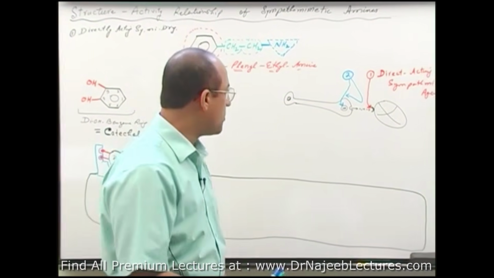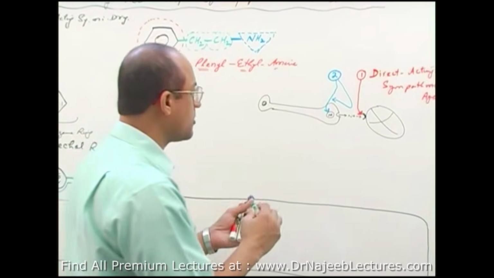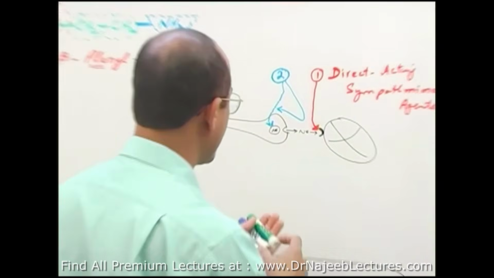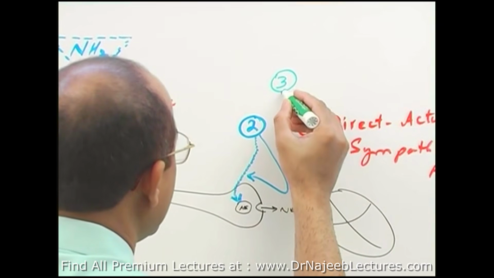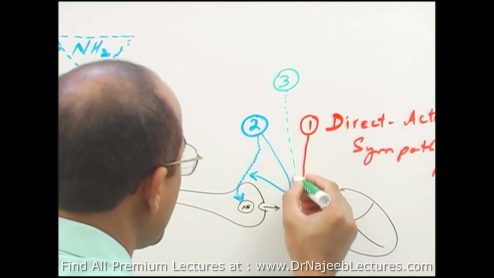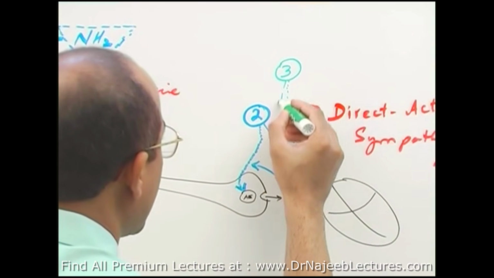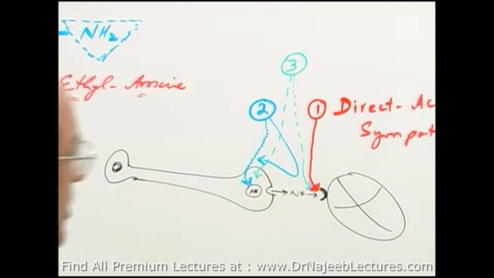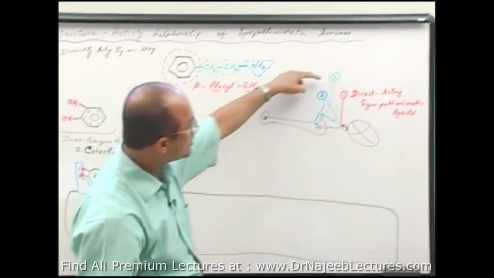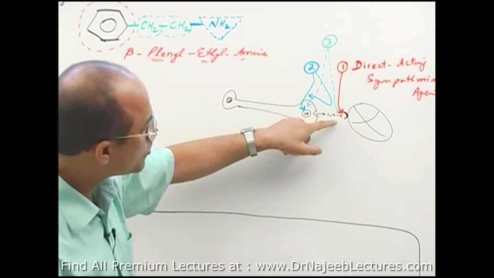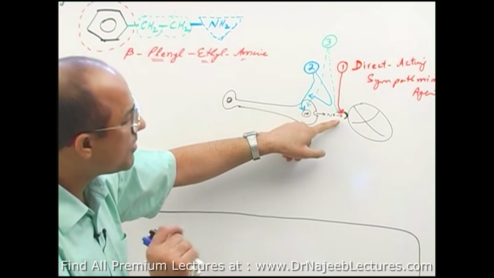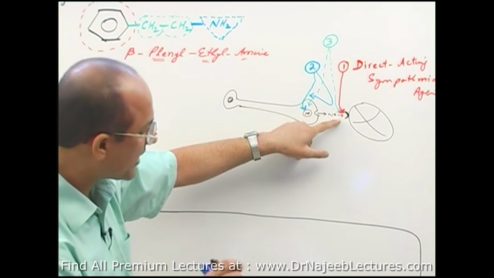Right? Now, of course, there is another group, group number 3. This group has some activity to bind with the receptor, and they are also taken up into the nerve ending. So the drugs which belong to the third group slightly stimulate the adrenergic receptors directly.